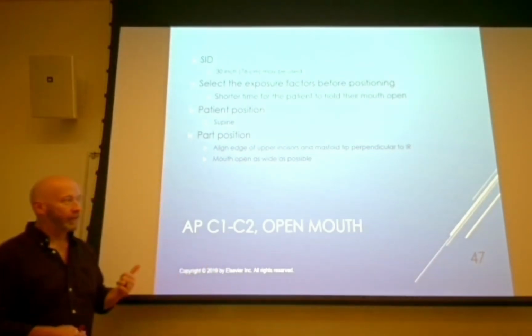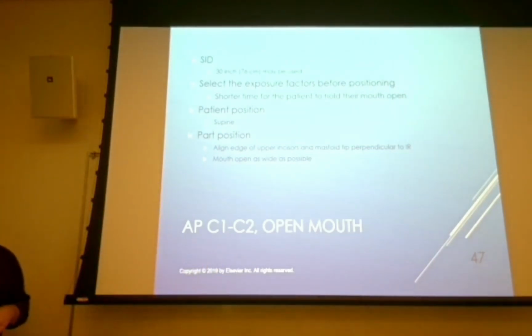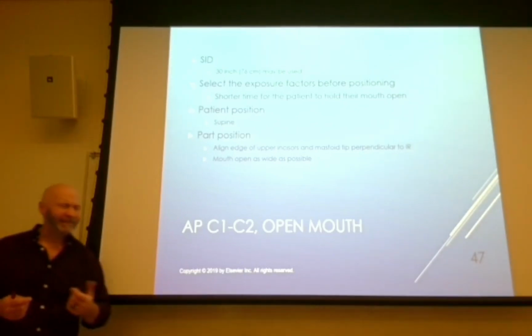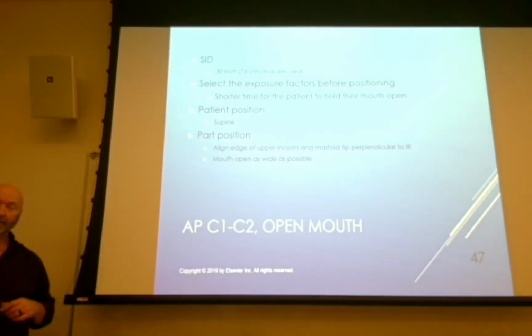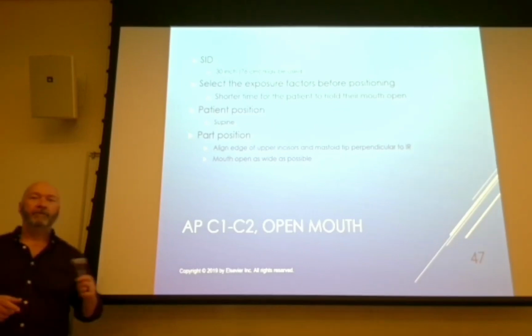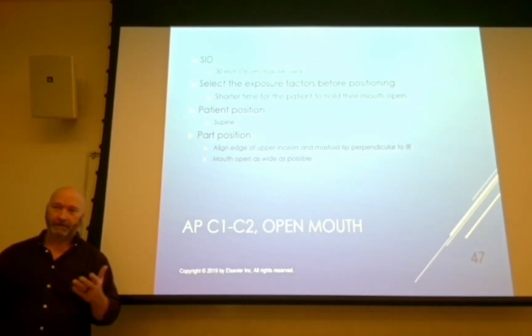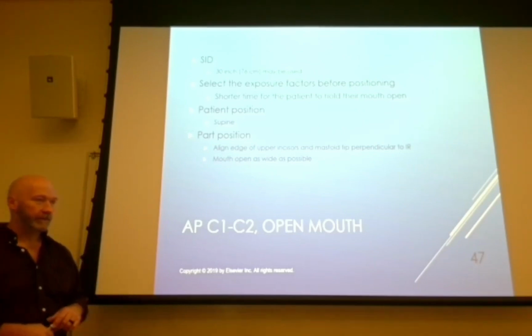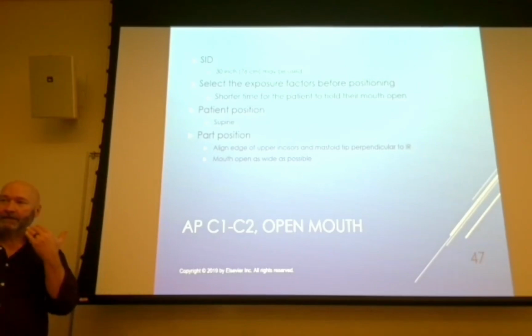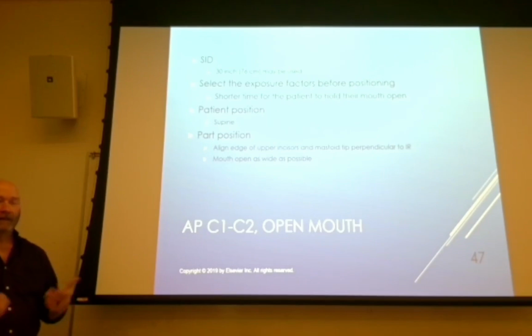Now, this is where you may have a test question on the registry. I don't think we have a test question on this, but it may be on the registry to have the patient phonate "ah." Right? That's what the wording in the book and on the test would probably be. And what that does is it causes the tongue to drop. Okay, so it gets the tongue a little bit out of the way too.